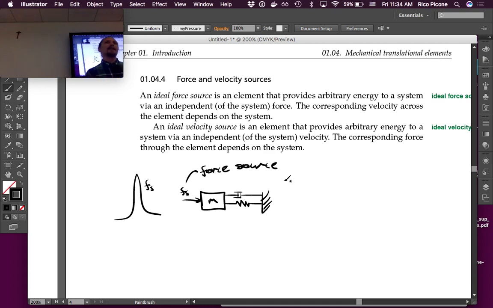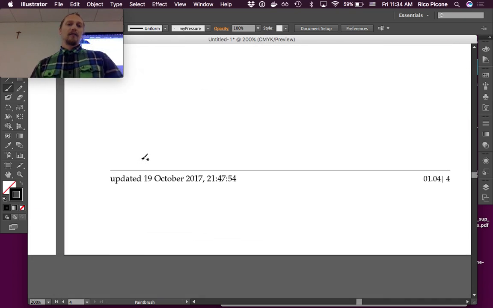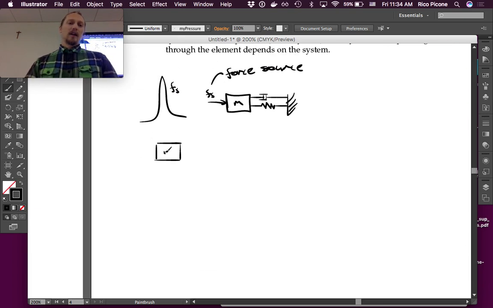You can have velocity sources as well. In the quarter car model, say you had a mass modeling the body of the car, and the suspension being modeled by a spring and a damper, because it dissipates energy, it doesn't just oscillate forever.